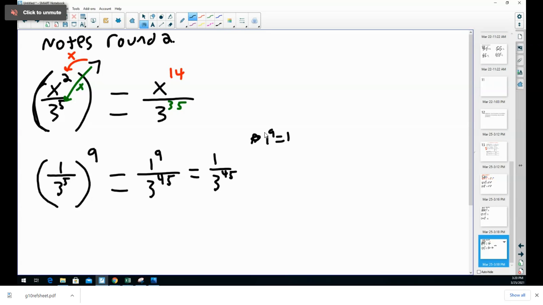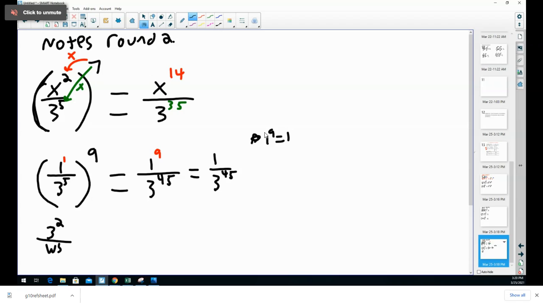Right, 1 to the 9th is equal to 1. So that can be simplified. 3 to the 45th is way too big to simplify. Right, and remember that 1 is really 1 to the 1st, so 9 times the red 1 is 9, sorry. That'd be 1 to the 9th, which is just 1.